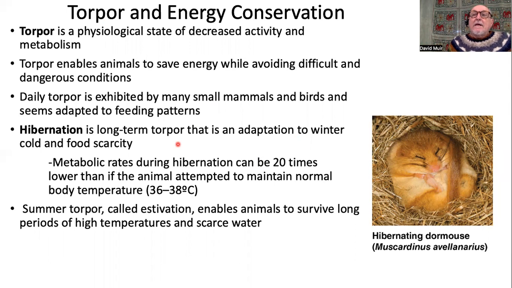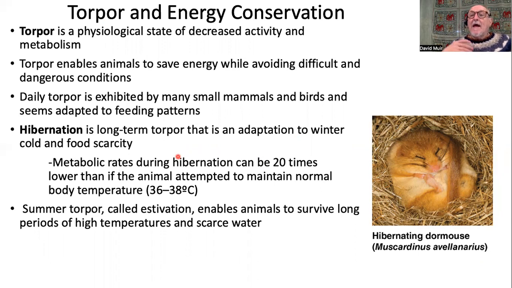And in hibernation, the metabolic rate is actually shut down by the hypothalamus. It is drastically lowered, and the metabolism can fall as much as 20 times lower than normal.